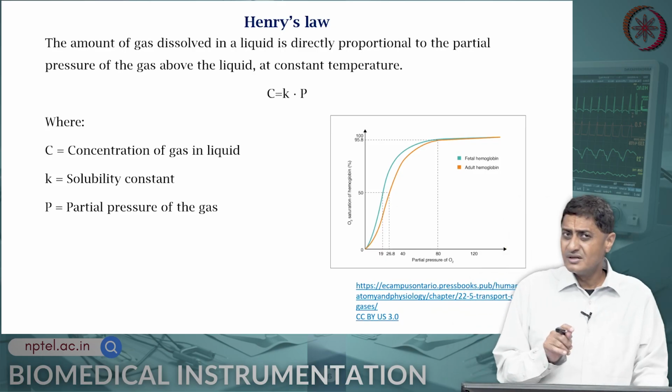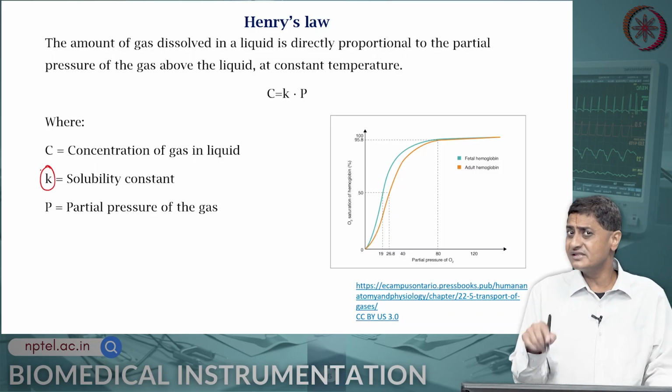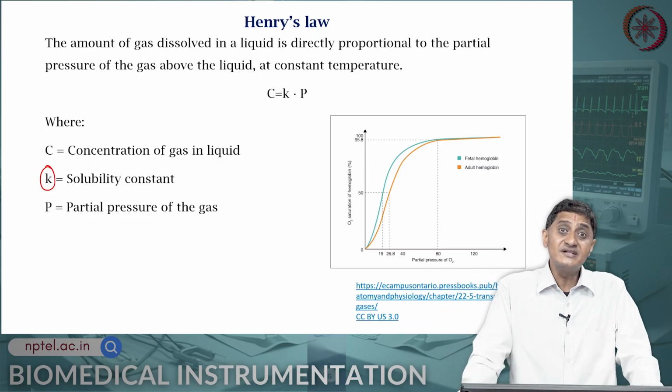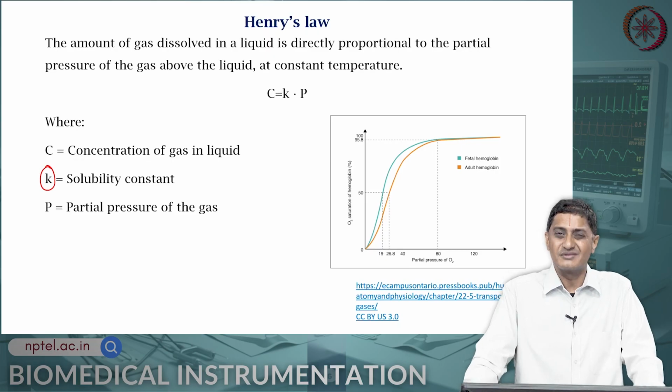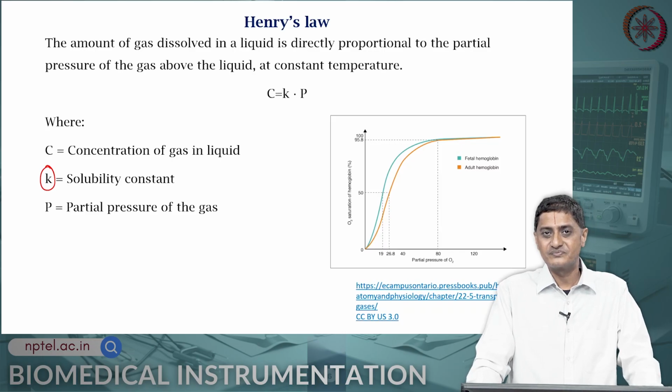Is K the same between carbon dioxide and oxygen? The answer is no. It turns out that carbon dioxide dissolves more freely in blood than oxygen. The solubility constant is different.